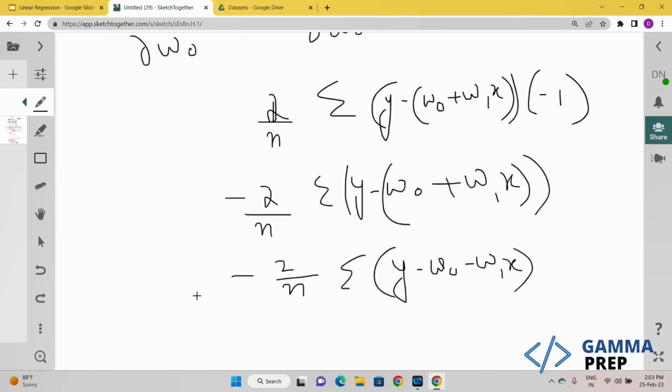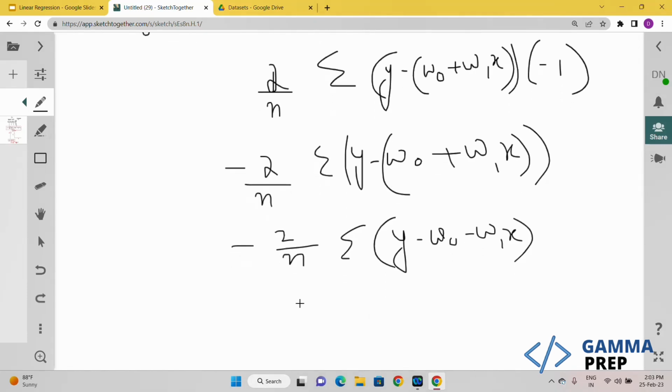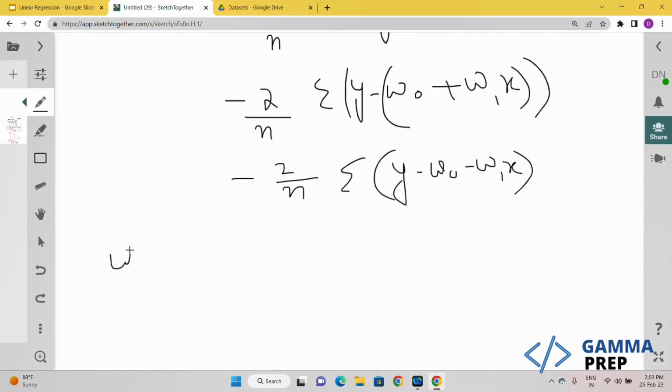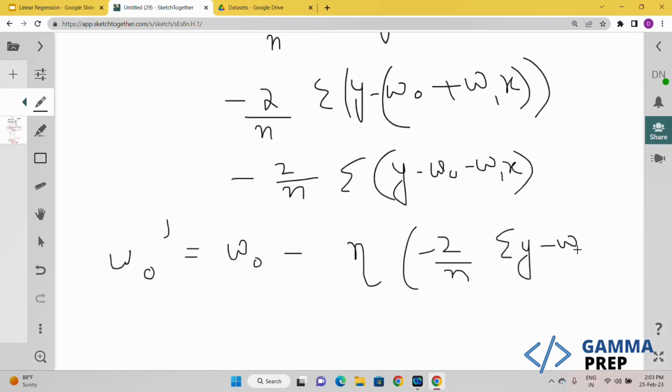Now the point is that if I write w0 dash is equals to w0 minus eta dou E by dou W0, which I now know is this.